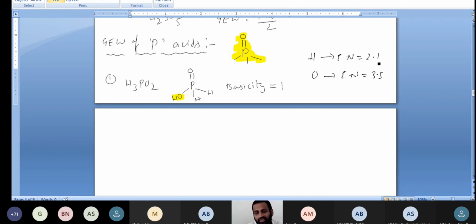So the difference you can check here. The difference is greater than 0.6. So the OH bond is polar. This bond is polar, so you can remove it as H plus. But this hydrogen you cannot. As for the PH bond, that is non-polar.